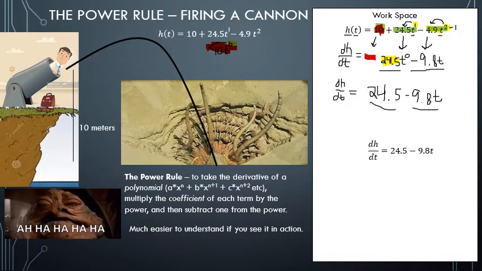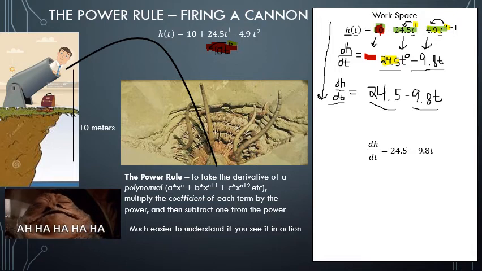And in this case, acceleration is gravity, negative 9.8. So we've got our starting velocity minus acceleration times time equals our final velocity. So through calculus, we have turned equation 1 at the top, our position equation, into equation number 2, our velocity equation, by taking a derivative using the power rule. So that's the power rule in action.